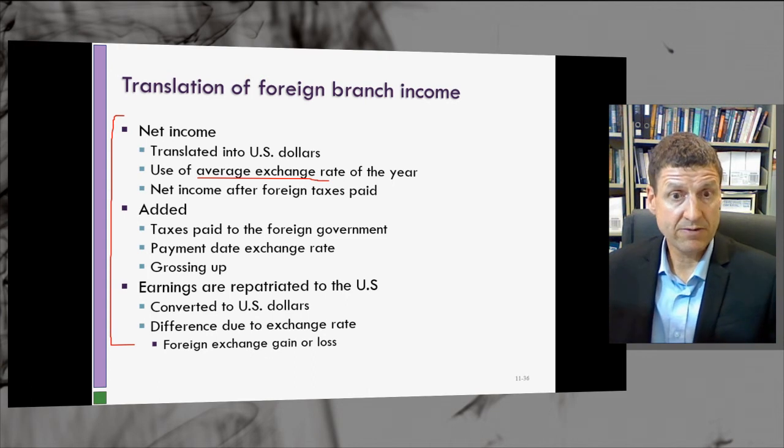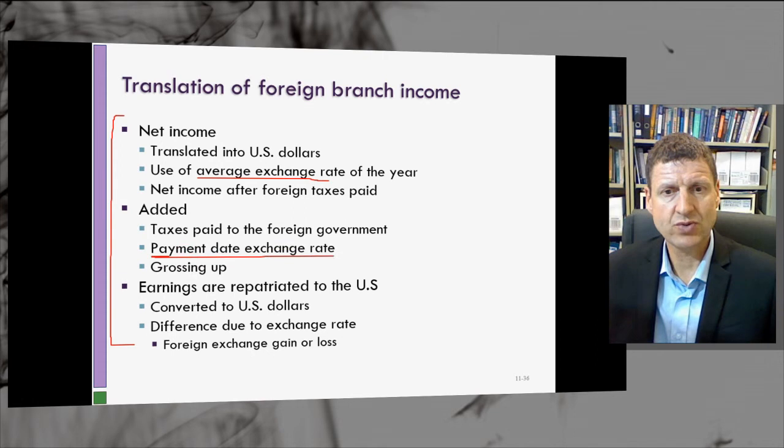When you pay a tax to a foreign government, the amount of that tax that you want to deem as a tax credit must be adjusted for the exchange rate at the date of the payment, and any difference due to exchange rate changes, like a foreign exchange gain or loss, needs to be accounted for. So keep that in mind.